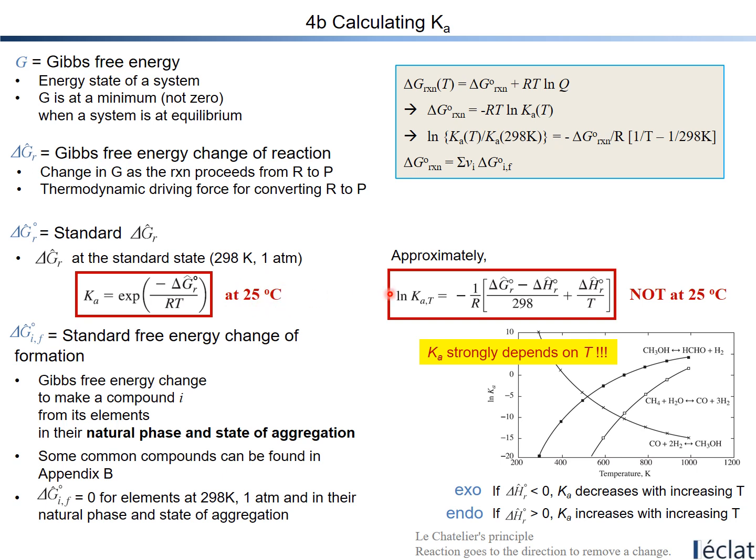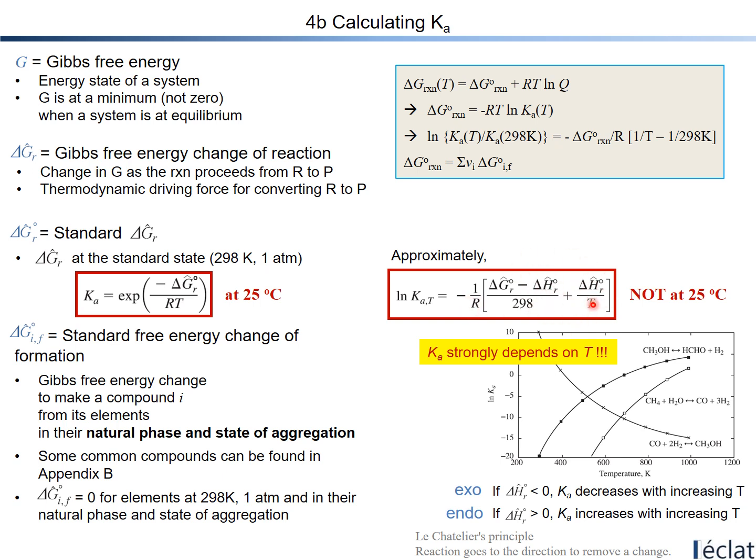Approximately, however, not at 25 Celsius degree, this equation is used. Again, log of the equilibrium constant of activities at a certain temperature is equal to minus 1 over the ideal gas constant times something. Here we have two terms.